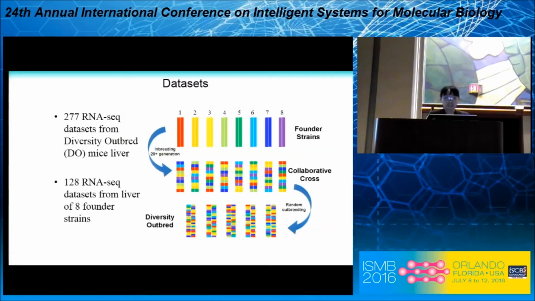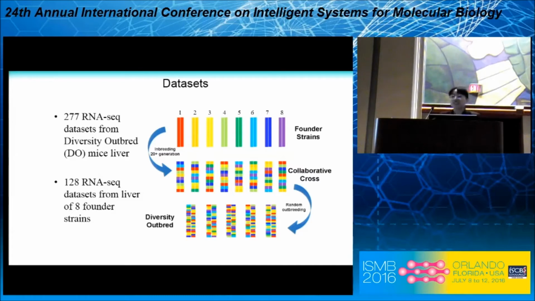And here is the data set I used for the QTL mapping. They are from diversity outbred mouse liver, here called the DO mouse. And we also got a large set of data from the founder strains. And here shows how the DO mouse is derived. The purpose of developing the DO mouse is to supply a mouse population that's similar to human, heterogeneous and enriched in polymorphisms.